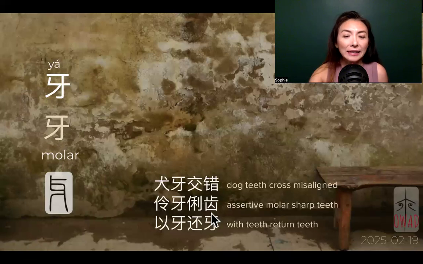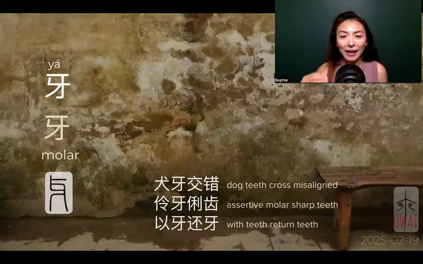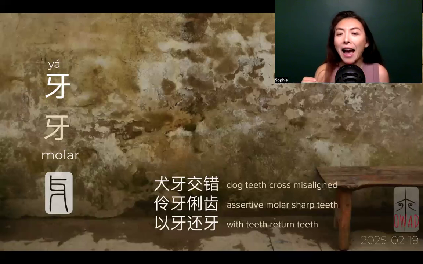But in any case, see in this example, 伶牙俐齿, we pair them together. And in this expression, we actually don't differentiate between the two. We are using teeth, regardless of whether molar teeth or teeth in general, to describe somebody who is very articulate, who is assertively articulate, meaning it's hard to debate with them.